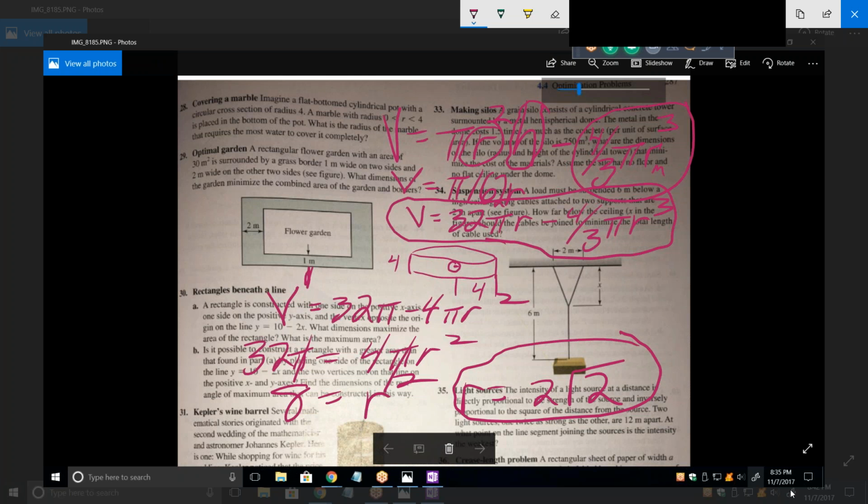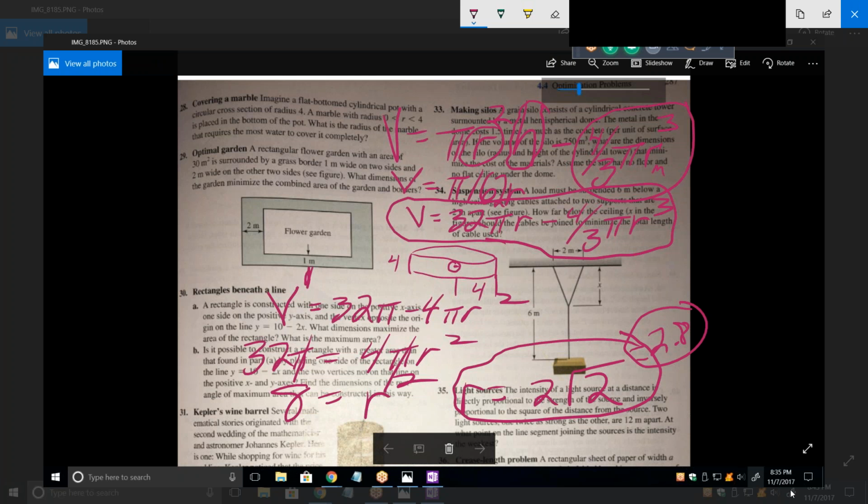I'll certainly need higher water, right? In other words, 2 times root 2 is about 2.8. So they're saying a radius of 2.8 of the marble requires the most amount of water to cover it.